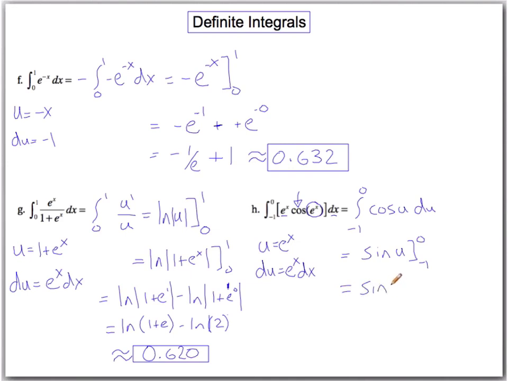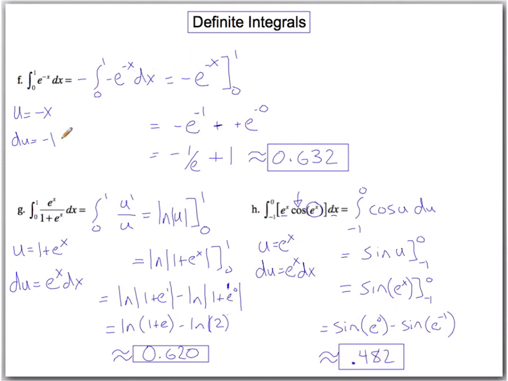So it's sine of e to the x from negative 1 to 0. And we'll use our fundamental theorem of calculus here and get sine of e to the 0 minus sine of e to the negative 1. And if we calculate this out, we'll get an approximation of about 0.482.